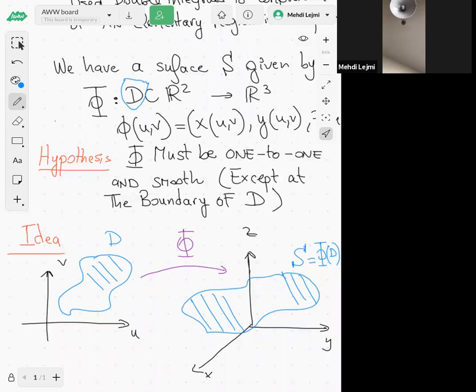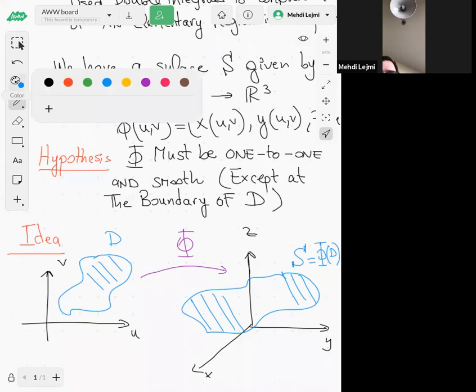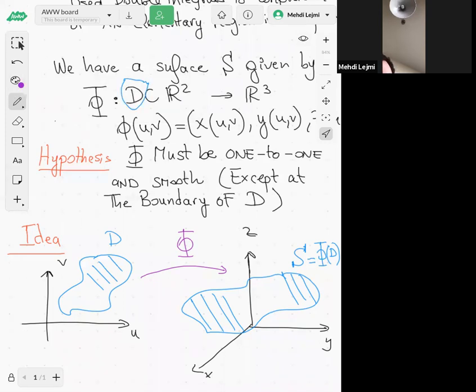So we start with a small rectangle here in D.